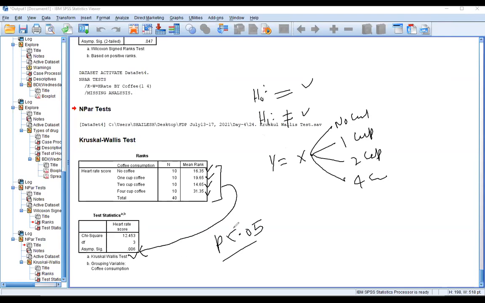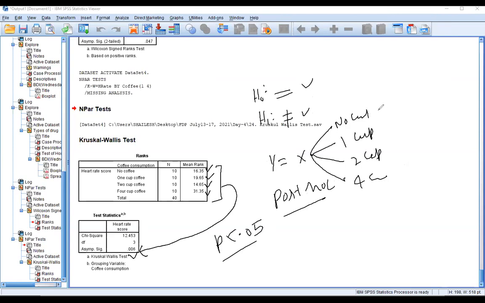Now the result says there is a significant impact, but we do not know whether 1 cup coffee, 2 cup coffee, and 4 cup coffee significantly increase the heart rate score. So we need to do a post hoc test. In this method we cannot do the post hoc analysis, but with another analysis we can do the post hoc test also.